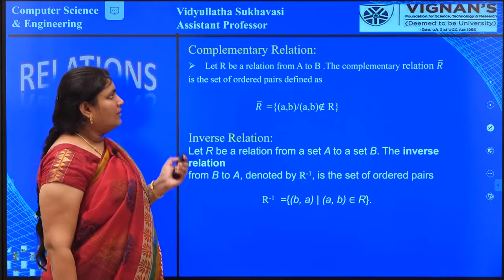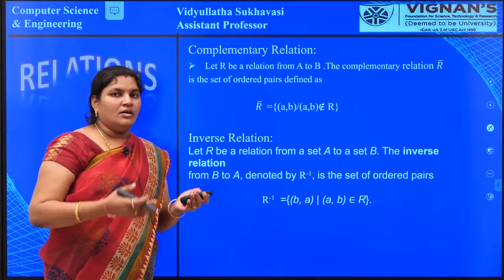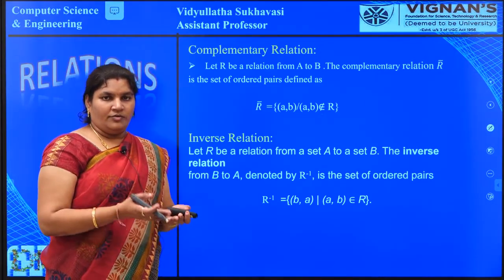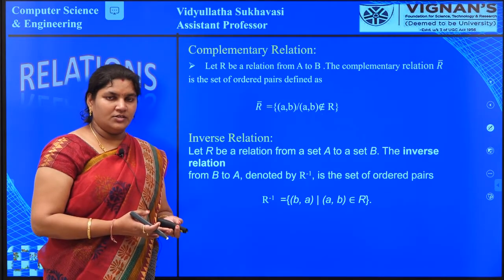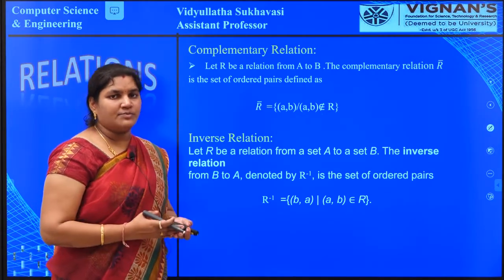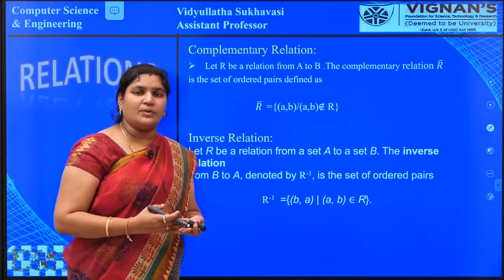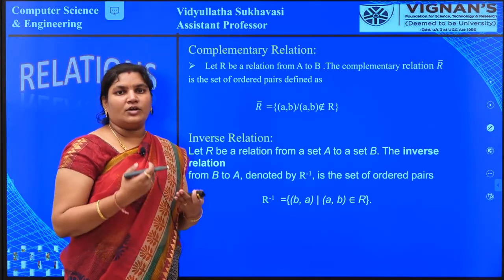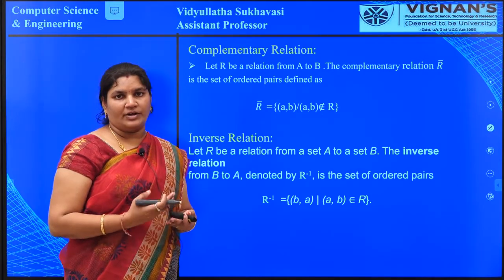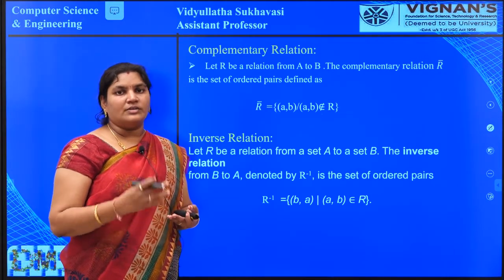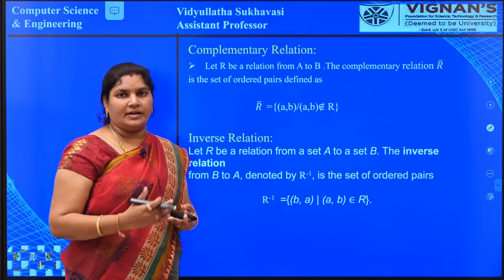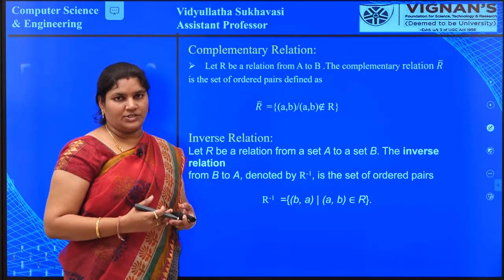Next, in relation, how we are going to represent relation, how we are going to find the Cartesian product of the relation, what properties we are going to satisfy, and what operations we are going to perform on relations, we have seen. So the relation can be a complementary relation or complement relation.